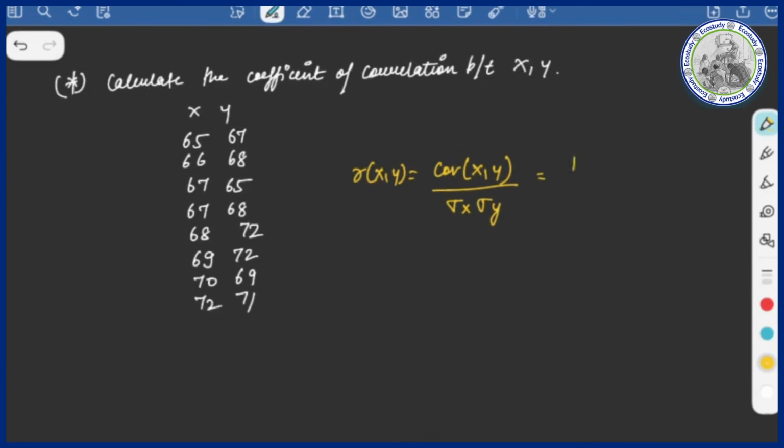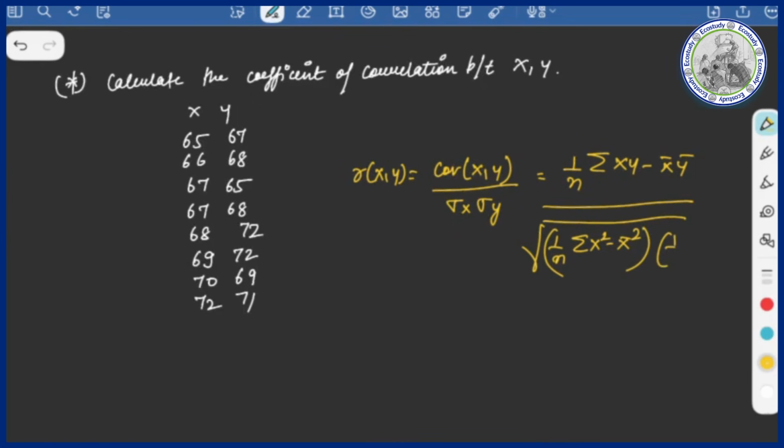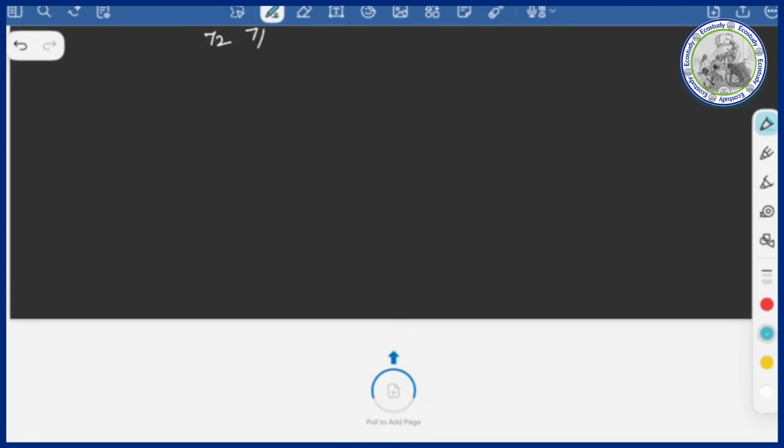That is, 1 upon n sigma xy minus x bar y bar, divided by the square root of 1 upon n sigma x square minus x bar square, times 1 upon n sigma y square minus y bar square. I have just opened the bracket. Now we have to find sigma x square and x bar square. So let's start finding them. I will use this page here.